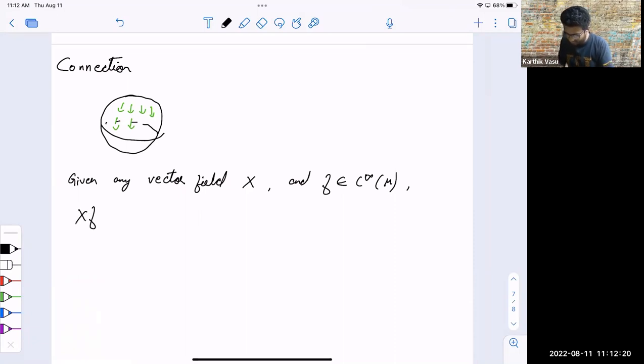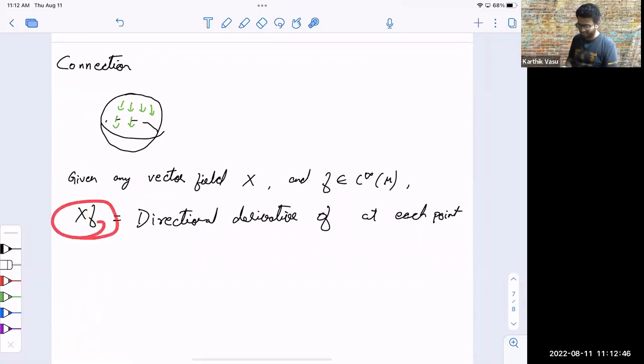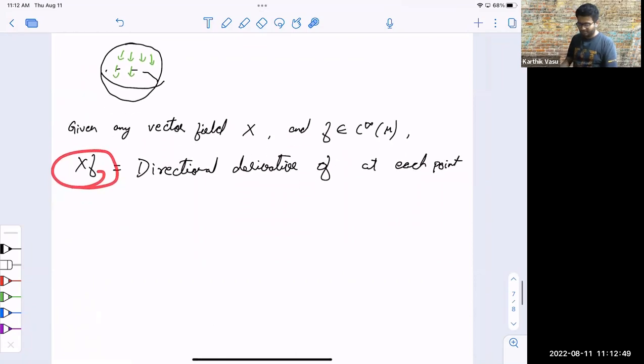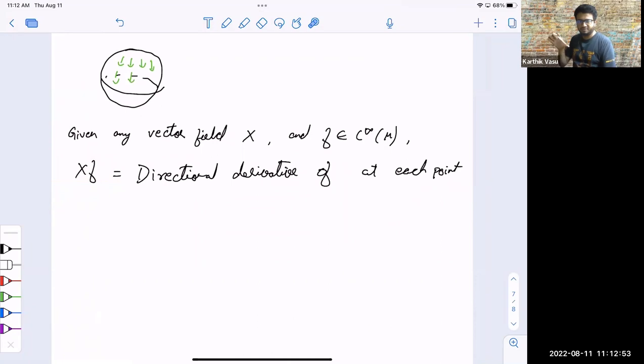We can write Xf, which is the directional derivative of f. At each point, X gives me a direction and f is just a smooth function. I will differentiate it in that direction, and that will give me a directional derivative. Okay, and this is something I want to capture in sections now.